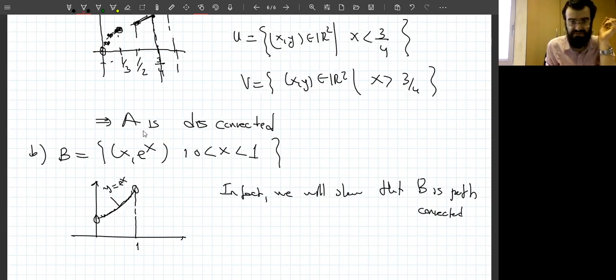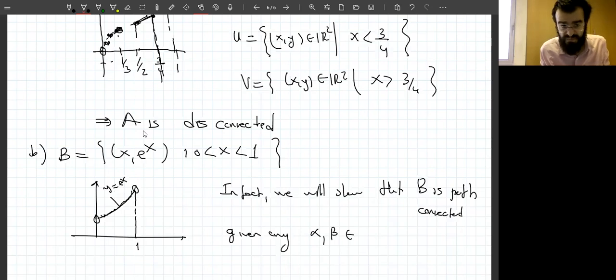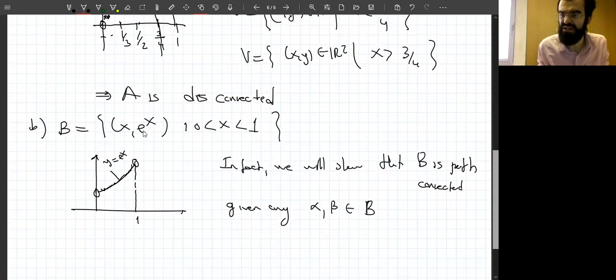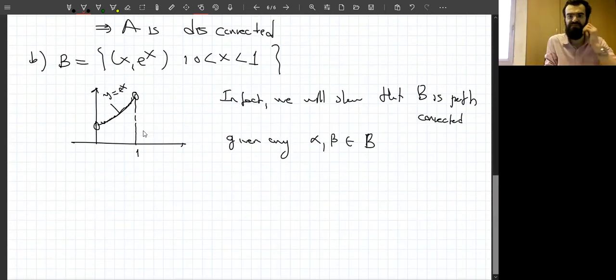So let me write a function. Given any alpha, beta in B, we need to find a path connecting alpha and beta.